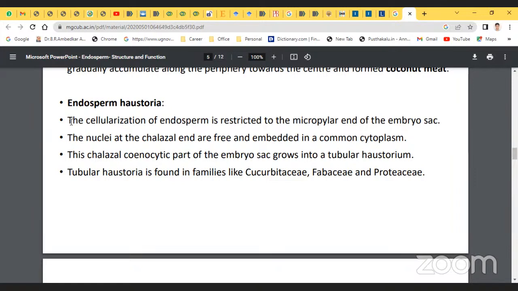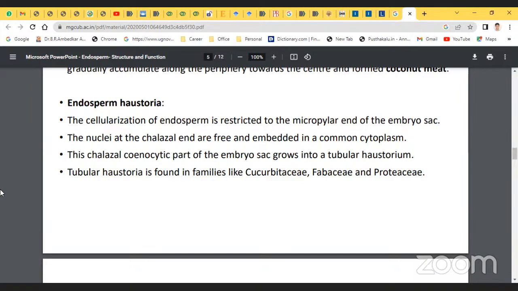What are the chalazal end and the micropylar end? Imagine it; it is very easy to understand this terminology.